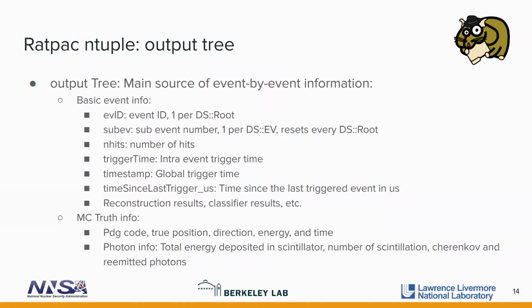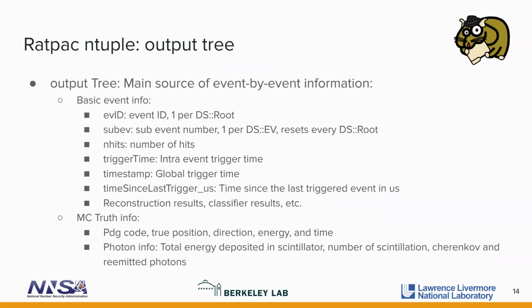So if you have something like an ambi event where you have a neutron or a gamma and then a neutron, the first thing you simulate will give EV ID 0, and assuming they both trigger your detector and create an EV, the sub EV for your gamma will be 0, the sub EV for the neutron will be 1, and then the next simulated event will have EV ID 1 and move on. And then it'll have things like the number of hits, the trigger time, timestamp, all of your reconstructed information, and classifier results can go in here.